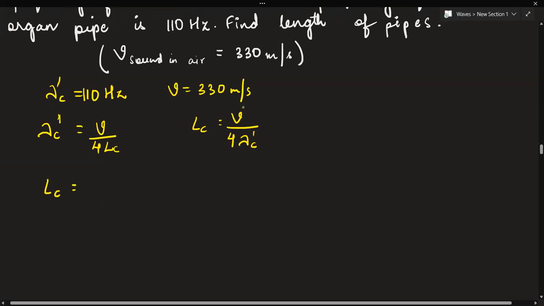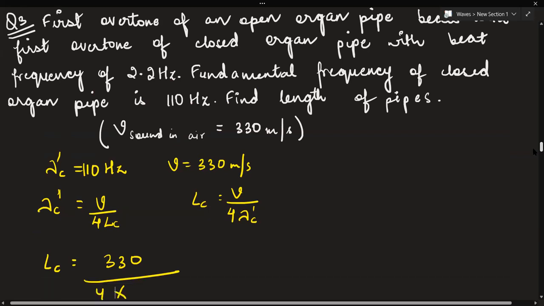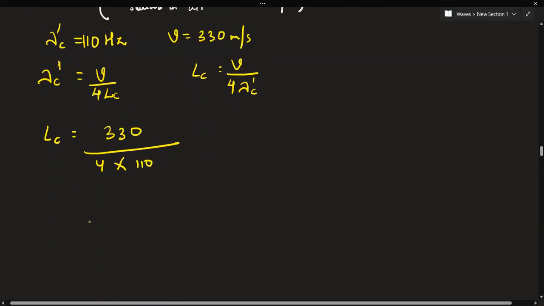Length of the closed organ pipe should be velocity of sound in air, 330, divided by 4 multiplied by the fundamental frequency of the closed organ pipe. This is given in the question, 110.